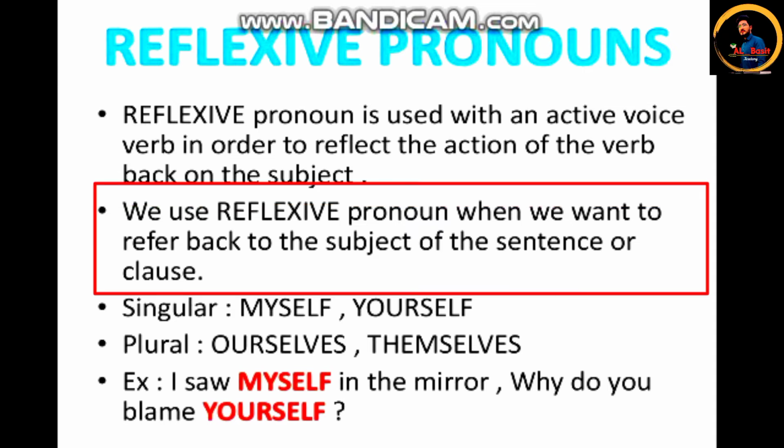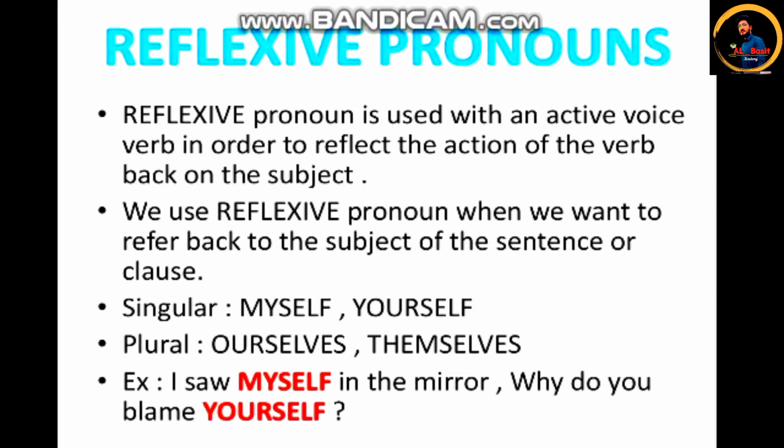Clear? And another point, we use a reflexive pronoun when we want to refer back to the subject of the sentence or clause. What is active voice, passive voice, clause, sentence, phrase, complement? I will make another video on it so you will understand better.